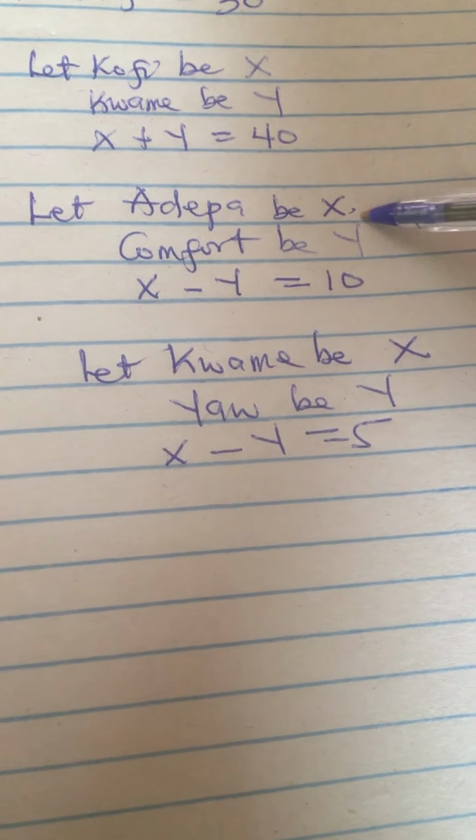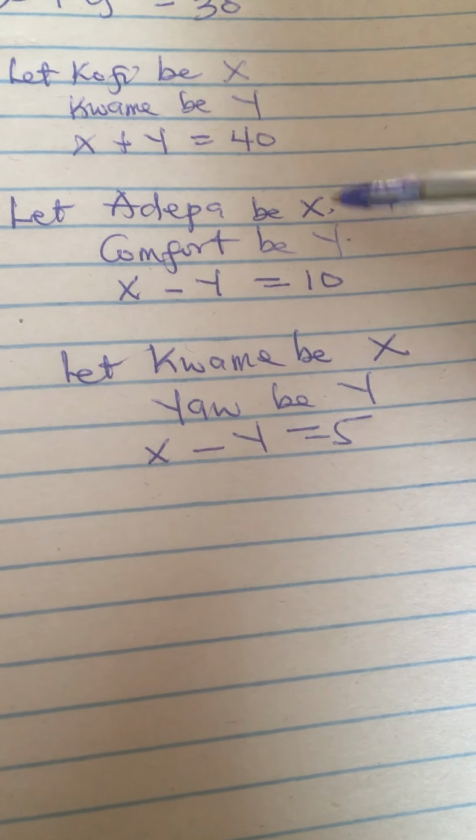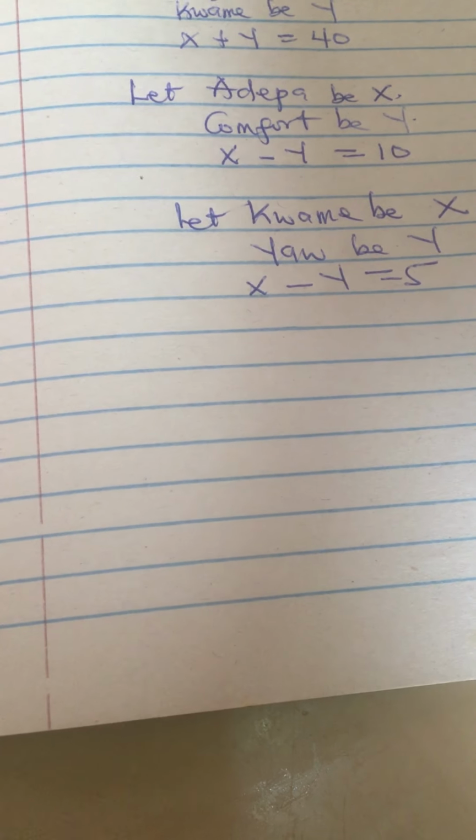Now, another way they will put the difference is, maybe they will say Adepa is 5 years older than Comfort. And so let us put it this way. So let Adepa equal x, and then let Comfort equal y.